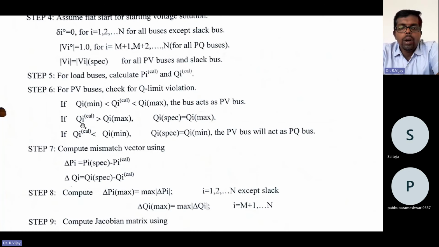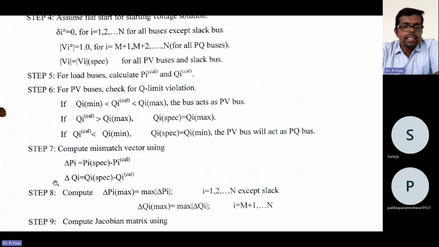If QI calculated value is greater than QI maximum, then you need to fix the QI specified value equal to QI maximum. If QI calculated value is less than QI minimum, then you need to set QI specified value equal to QI minimum, and the PV bus will act as a PQ bus.